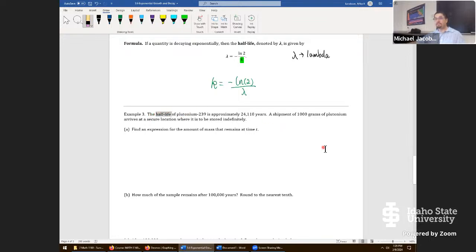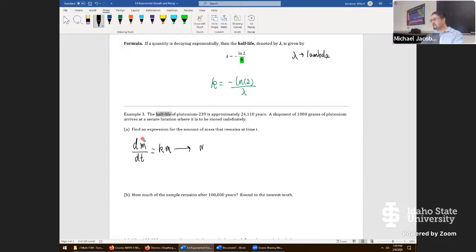Well, the moment they said half-life, this is an exponential decay problem. So we can write down the derivative dm dt. This time we're using m because m is going to be the mass, and it's going to be k times m. That's our differential equation, and it has an immediate solution.